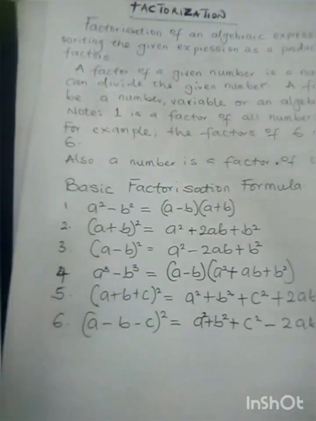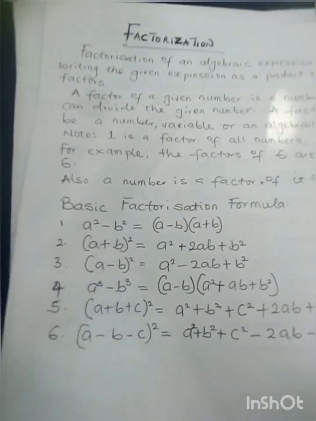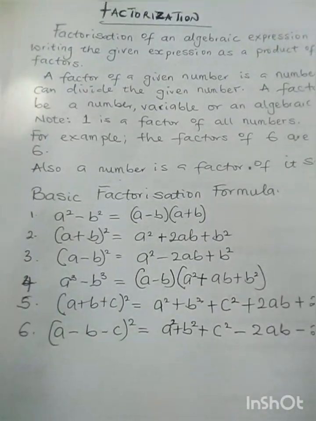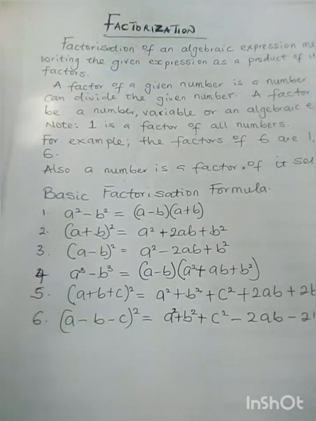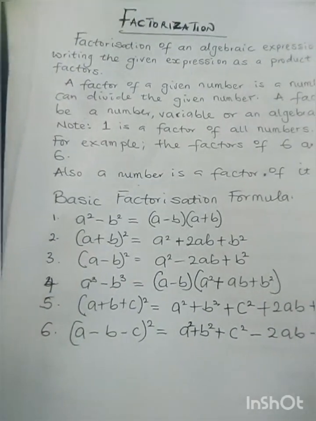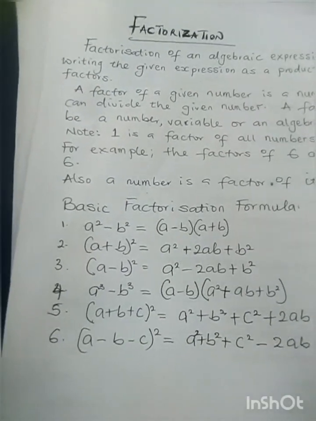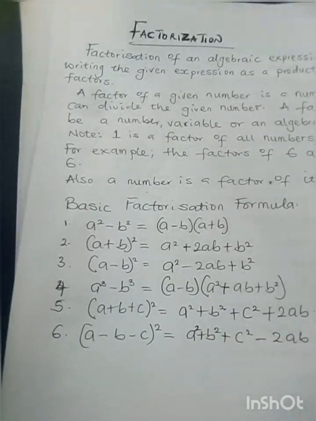When I say all squared, a plus b is in brackets. (a plus b) all squared will give you a squared plus 2ab plus b squared.